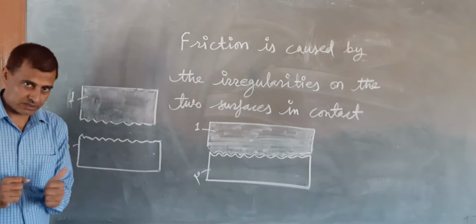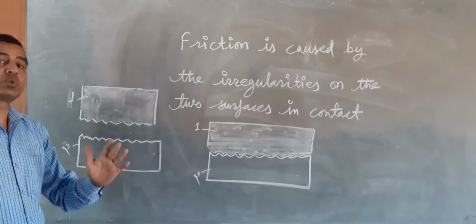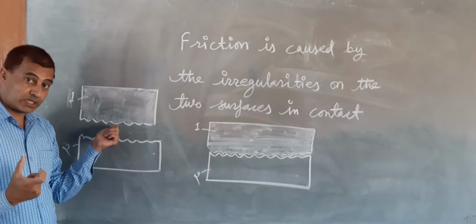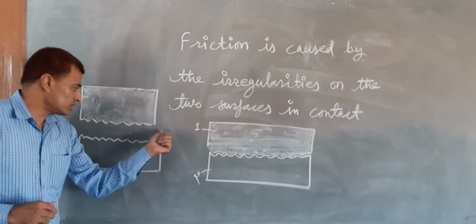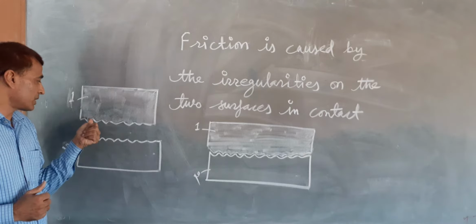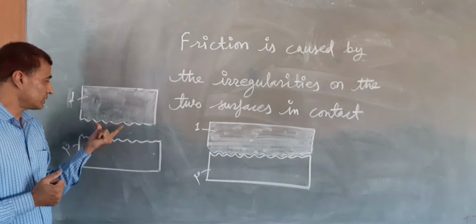You may look at this surface as very smooth by your naked eyes, but if we look at it by microscope, then there are irregularities on this surface. It means some part up, some down, some up, down. Those are irregularities on this surface.